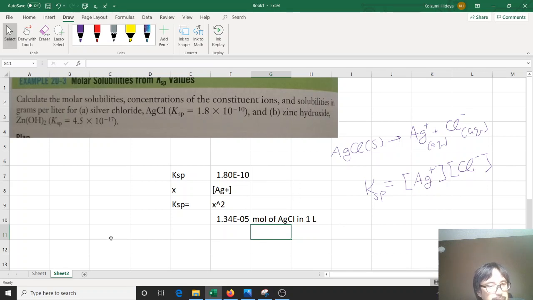For this particular case, let me erase everything.